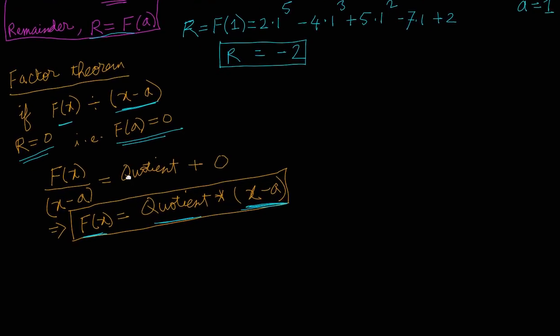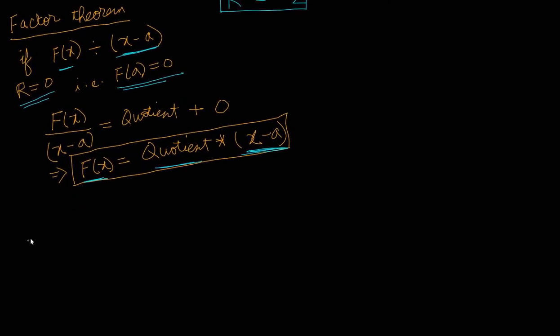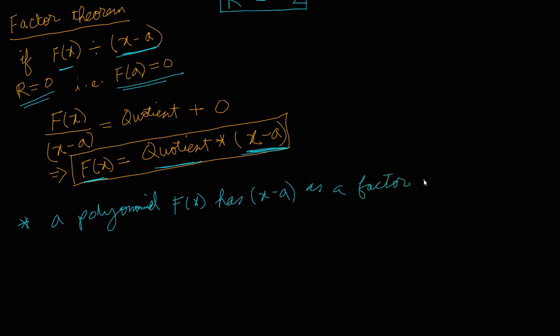So if I write down that theorem in word format, a polynomial f(x) has x minus a as a factor if and only if R, which is the remainder, equals f(a) equals 0.